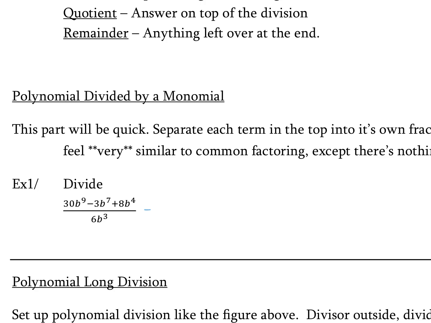And what that looks like is it'll be 30b to the 9th all over 6b to the 3rd minus, because there's a minus here, 3b to the 7th over 6b to the 3rd, plus, because there's a plus here, 8b to the 4th over 6b to the 3rd.